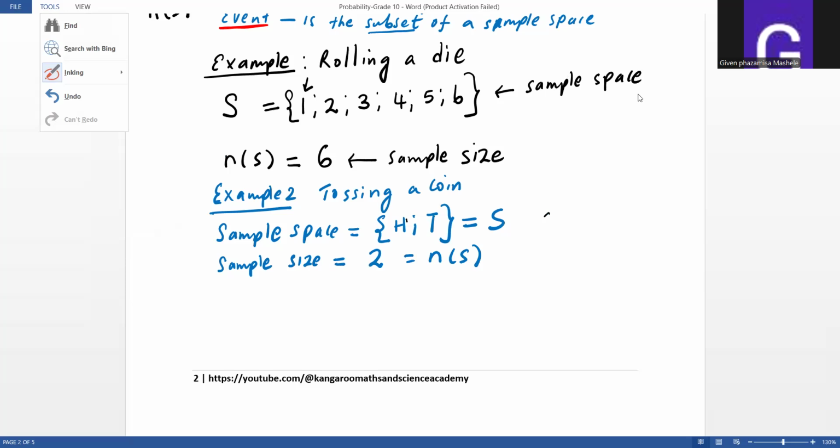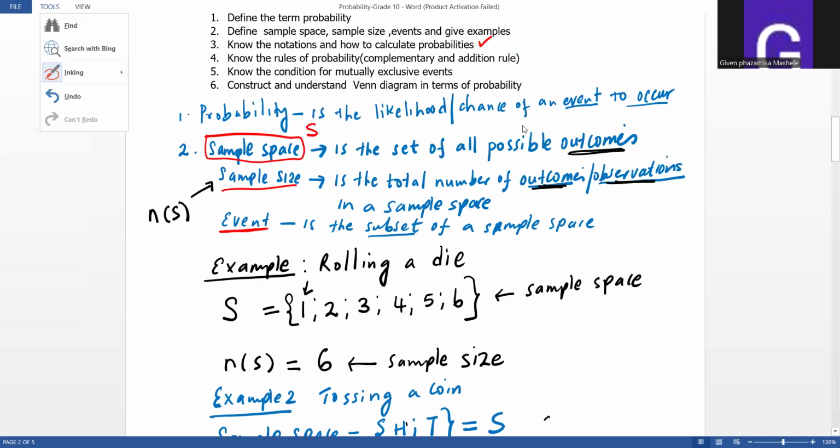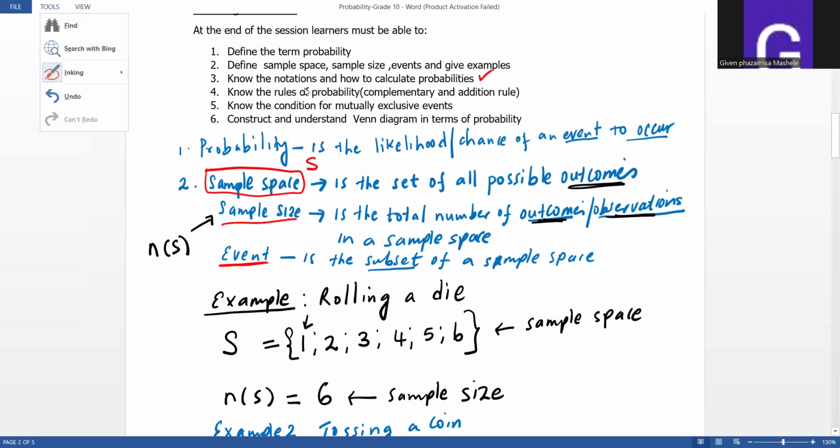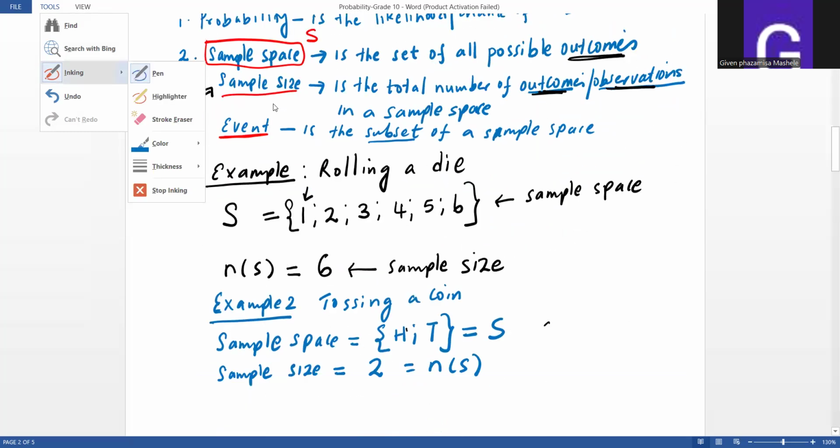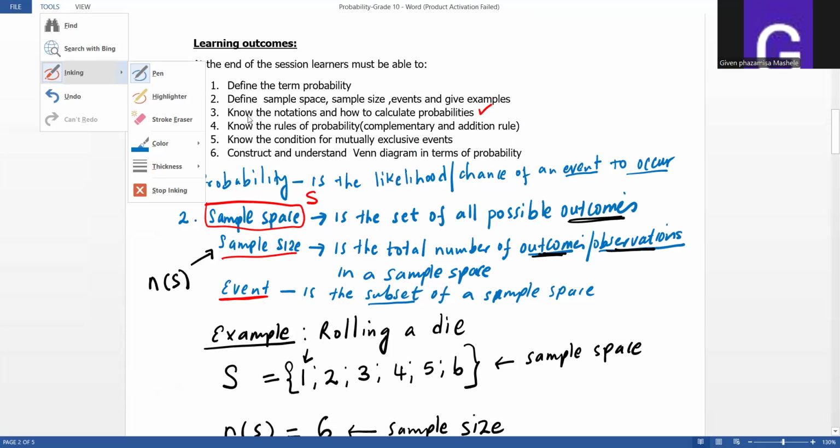All right, let's now continue. So I explained what is the sample space. I explained what is the sample size and what is an event, which is a subset of a sample space. Now, the question is, how do we represent these probabilities, or how do we calculate the probability of an event?